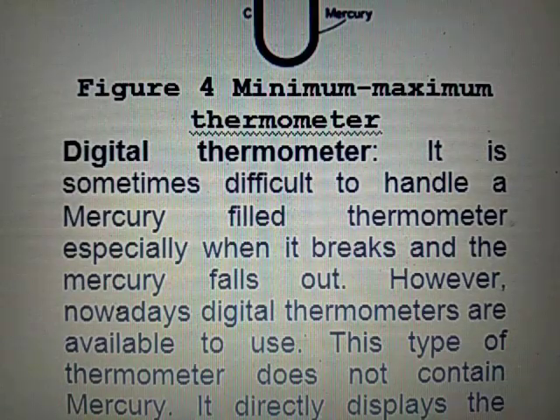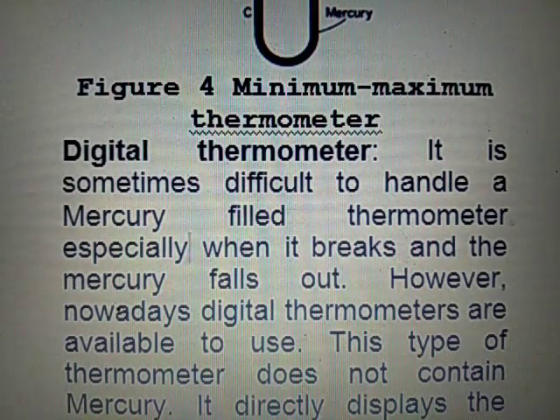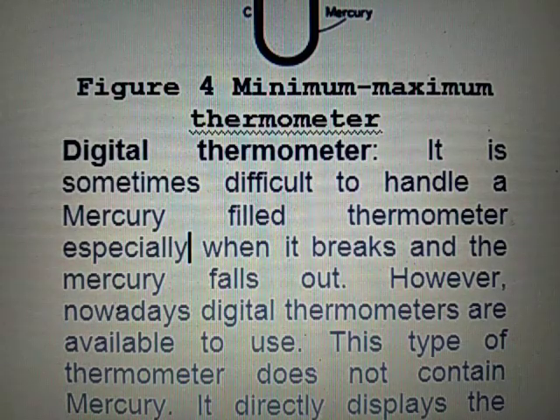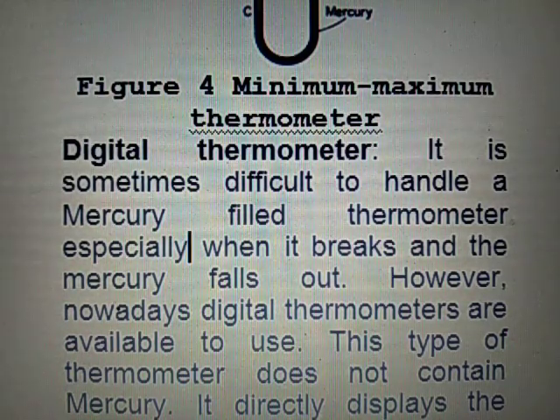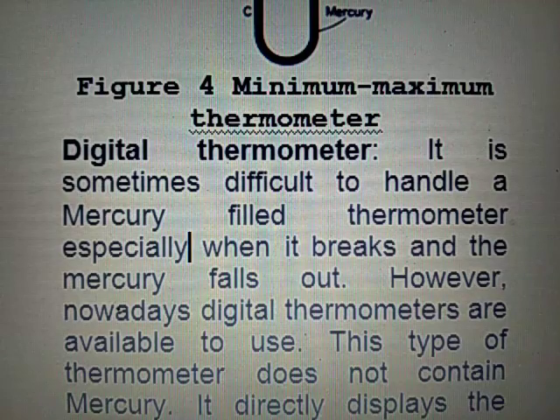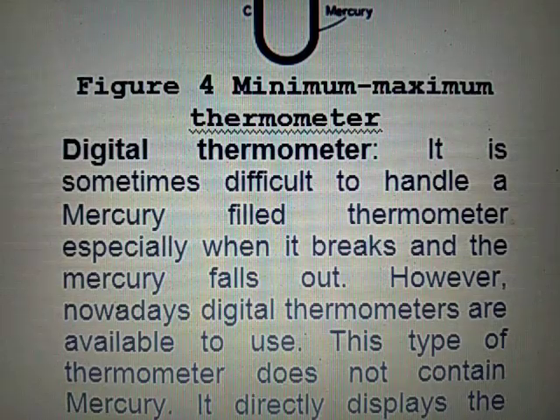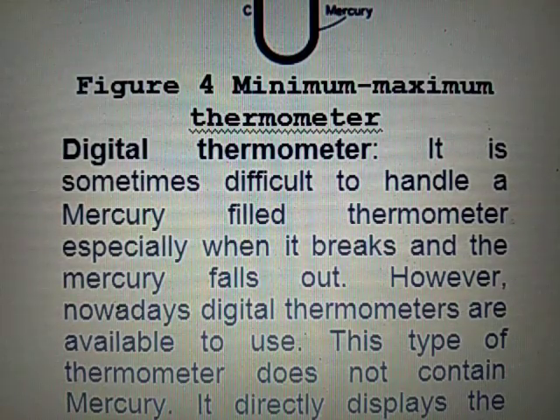In the previous class we have studied different types of thermometer, out of which we studied up to the minimum and maximum thermometer. Today in this class we will study the digital thermometer.